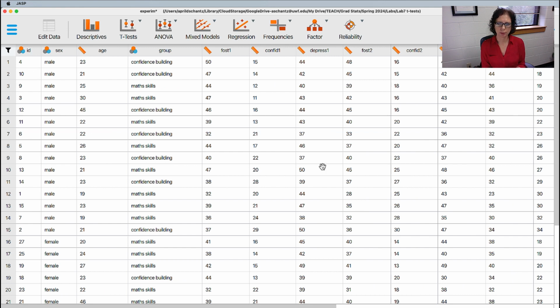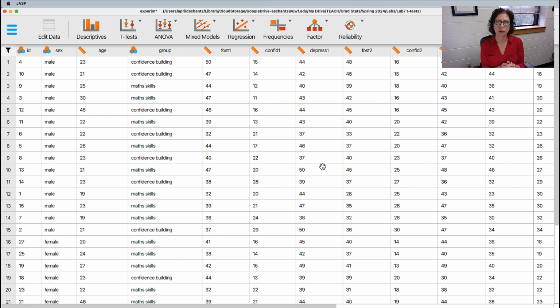Now our question for this part 2 is: is there a significant change in participants' fear of statistics test scores following participation in an intervention? Now, again, I look at the code book, I try to get familiar with the data set so that I can have a beginning paragraph normally that would help introduce the reader to what this data set is about.